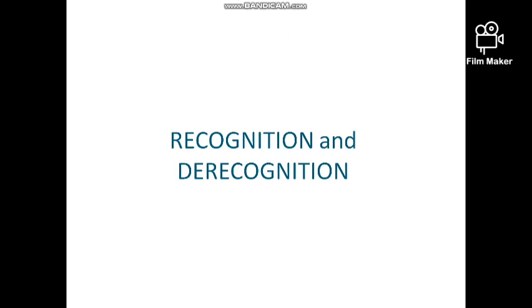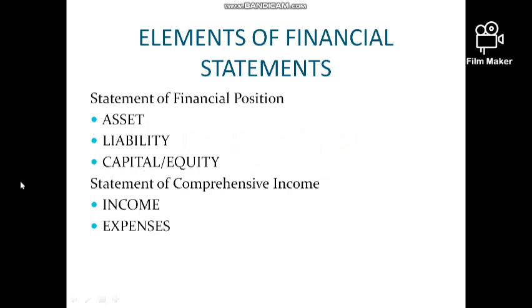In recognition, it means we are placing a transaction, we are putting a position for the transaction in the financial statements or the accounting records. We only recognize the accounting element if it meets its definition.